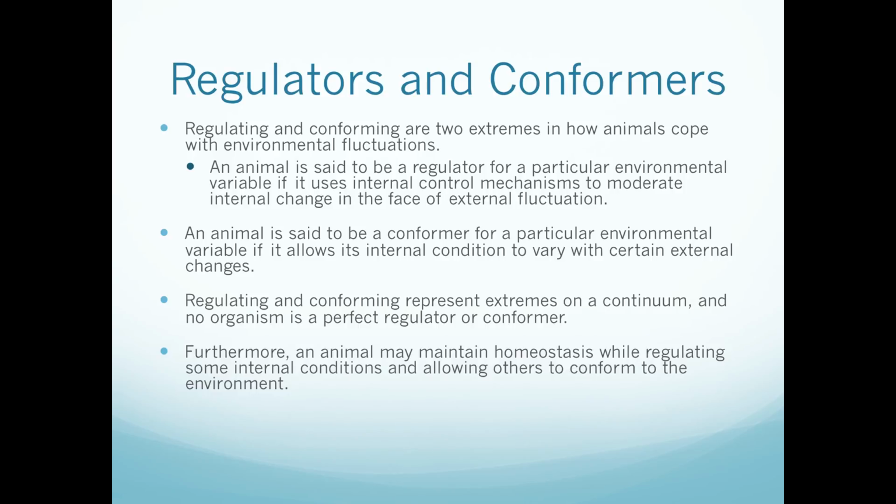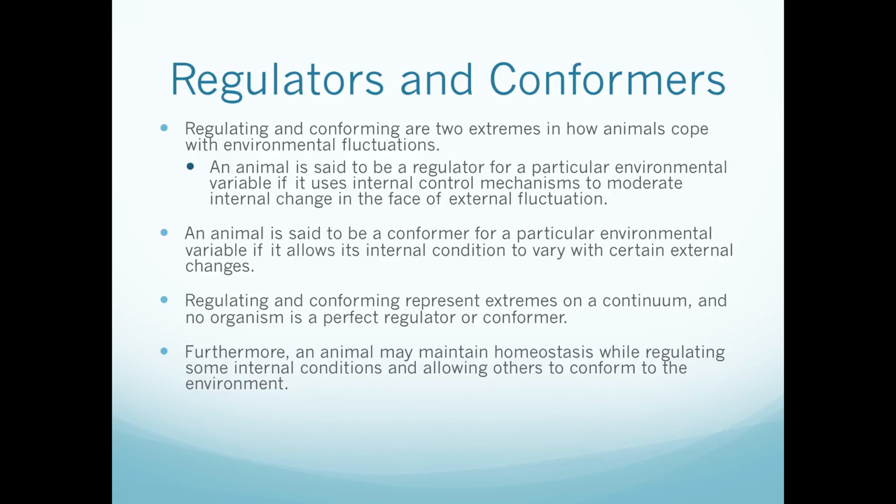If you're a regulator, then you're using your internal feedback mechanisms to control your body as the external environment's changing. Okay, so it could be temperature, but it could be other things too. If you're a conformer, then this allows your internal condition to vary as the environment on the outside changes.